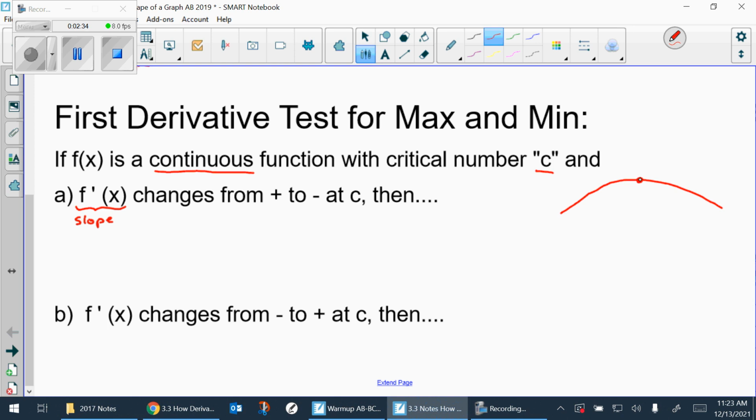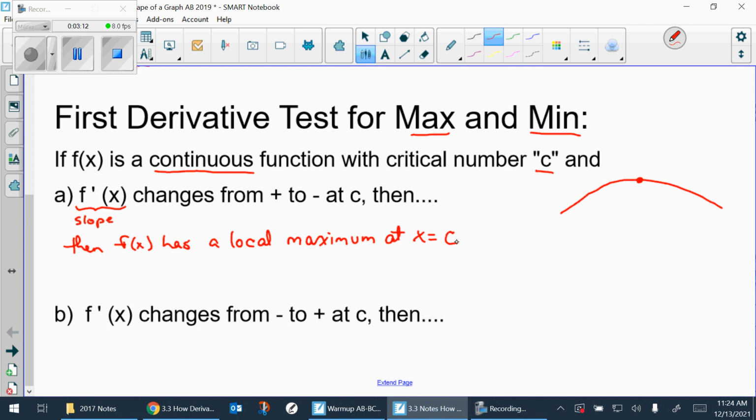And this is called the first derivative test for max and min. If the derivative changes from positive to negative at c, then f of x has a local max at x equals c.